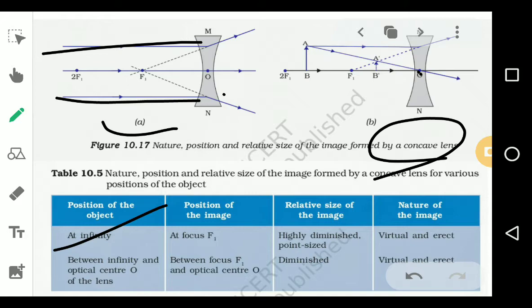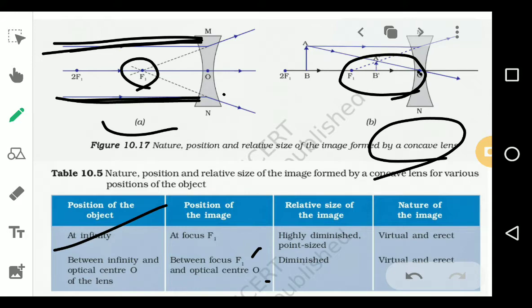If you place the object anywhere between infinity and optical center, then you will get the image between focus and optical center. At this area you will be getting the image, and when the light rays are coming parallelly, obviously you will be getting the image at the focus.